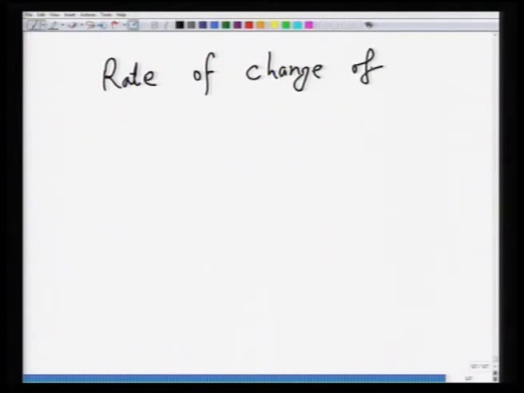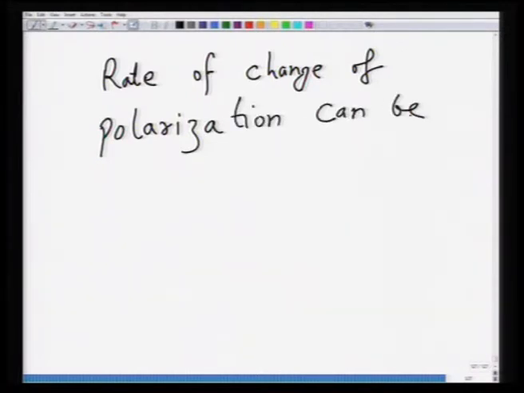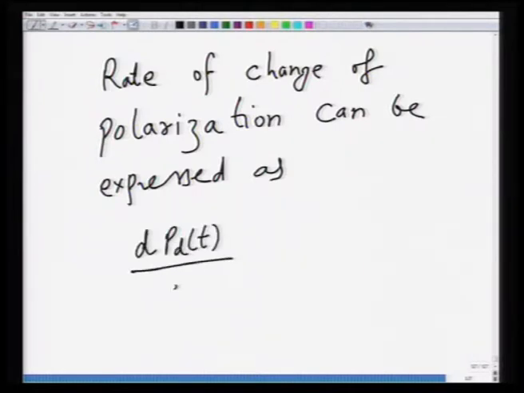And this rate of change of polarization can be expressed as dPd(t) by dt.